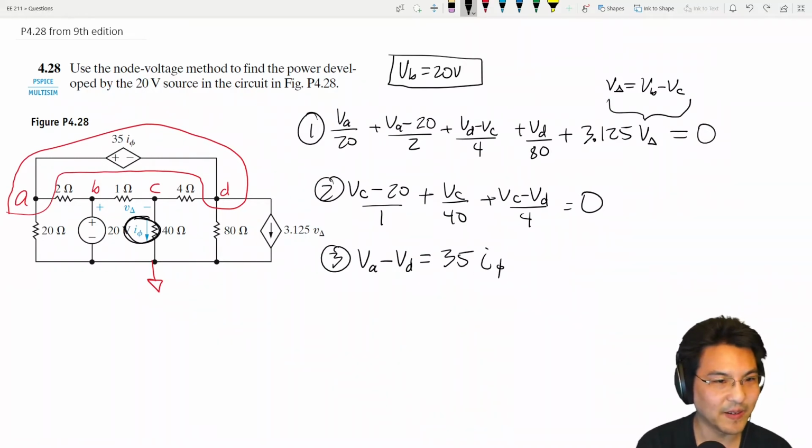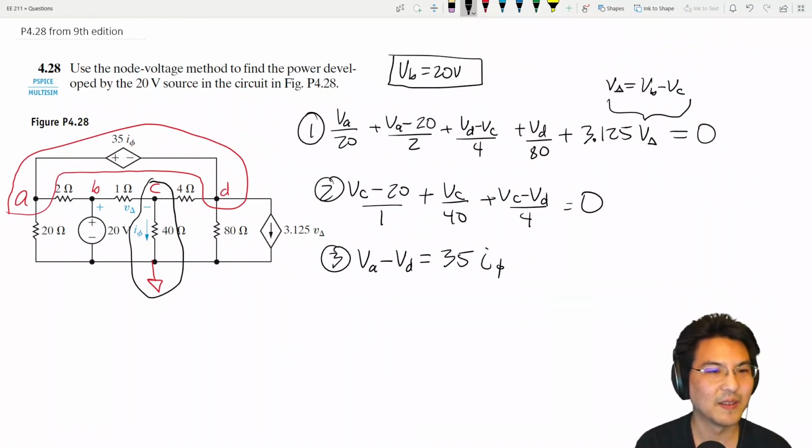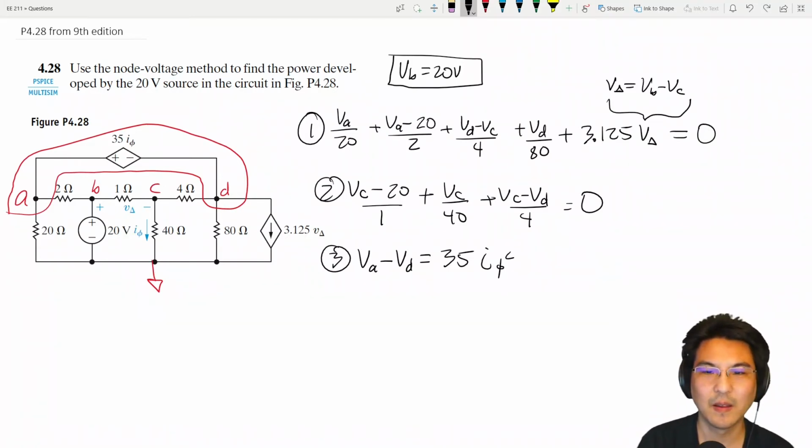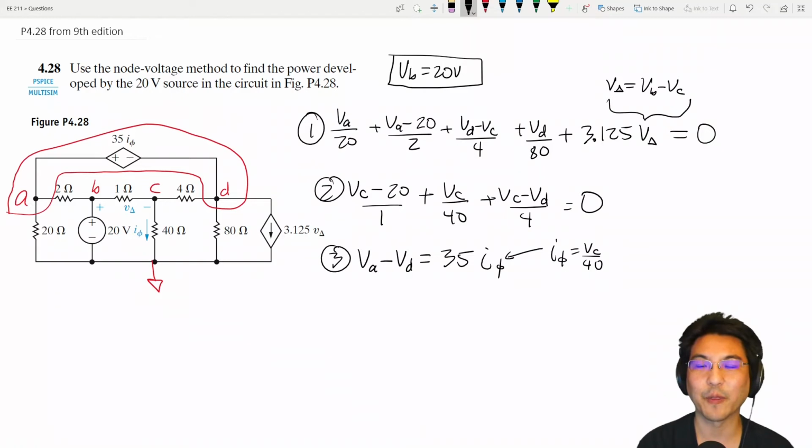It's right here. So see this resistor right here? Let's just use Ohm's law. So this current is VC over 40. Okay, so I have three equations, three unknowns, VA, VC, VD.